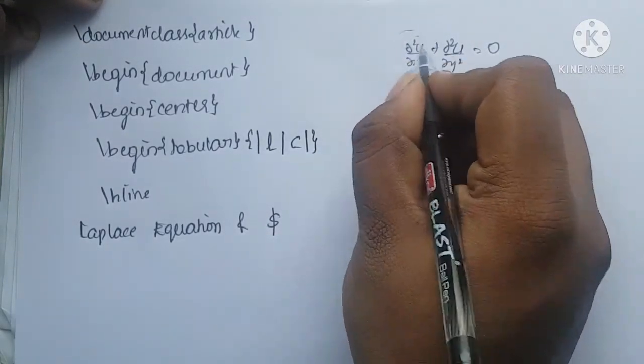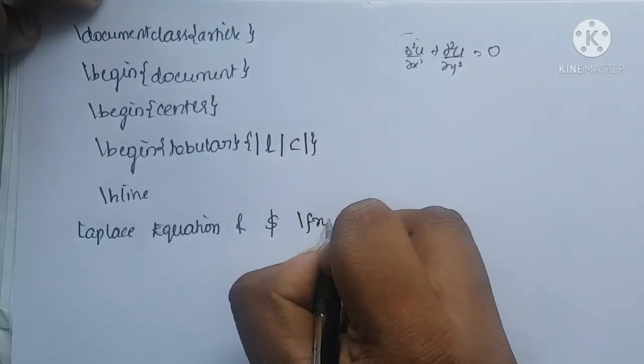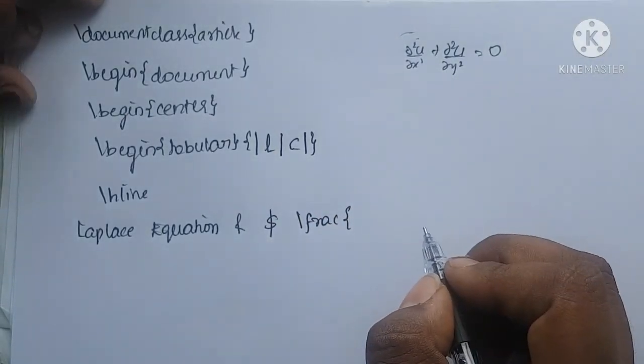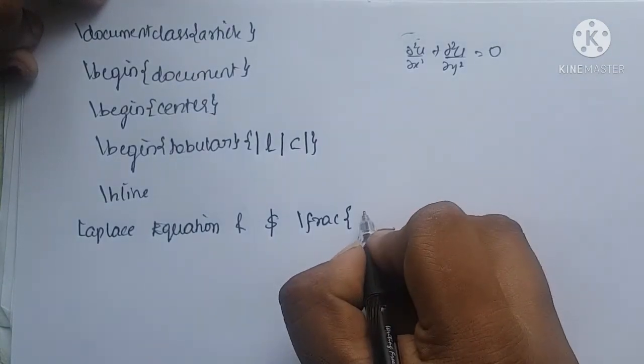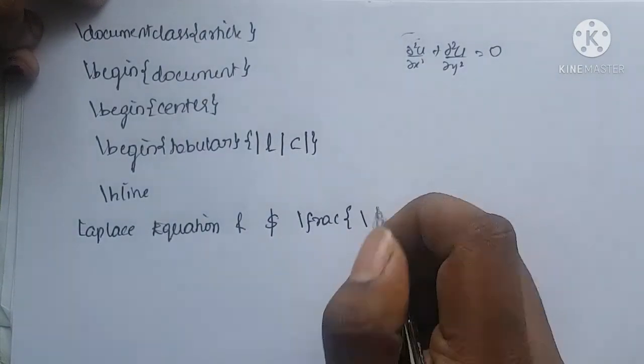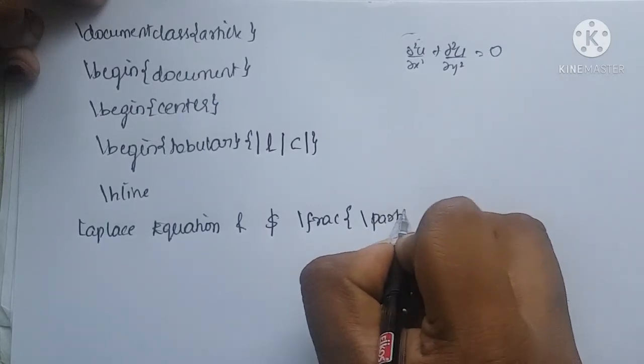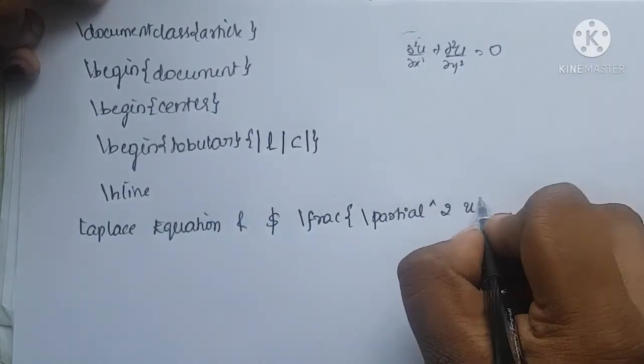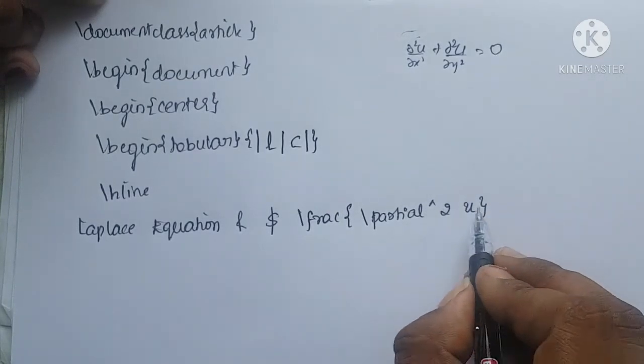It is of the fraction form. So backslash frac, numerator, then denominator. What is the numerator? Dou square u. That means what is the command to get dou? Backslash partial. Backslash partial, caret 2, u. So this is the numerator, dou square u.